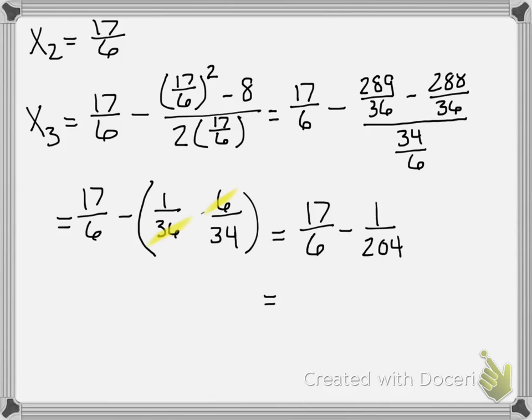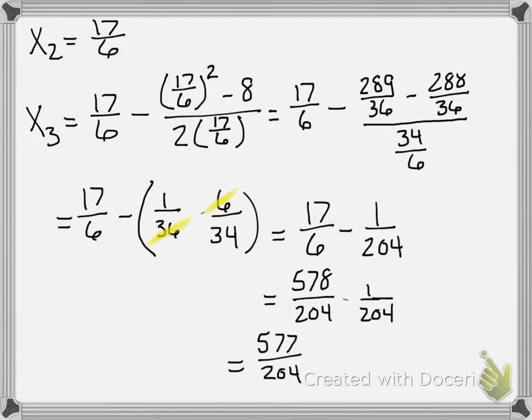Whenever we multiply to get a common denominator, we're going to have 578 over 204 minus 1 over 204, which is going to be equal to 577 over 204, which is approximately 2.828.